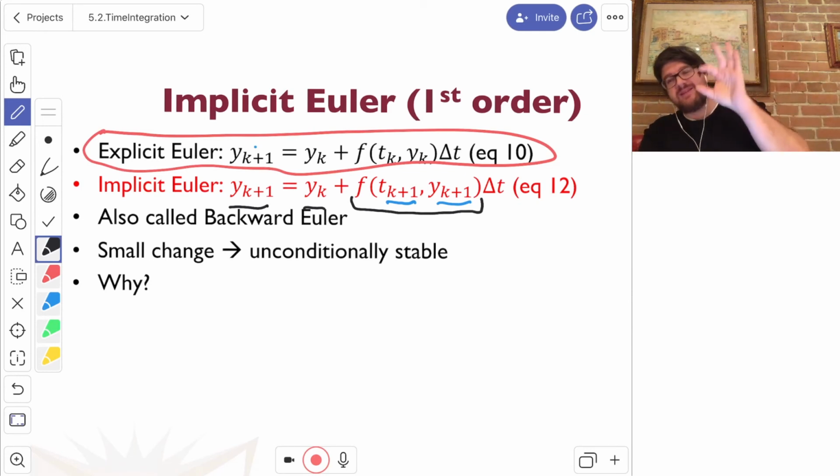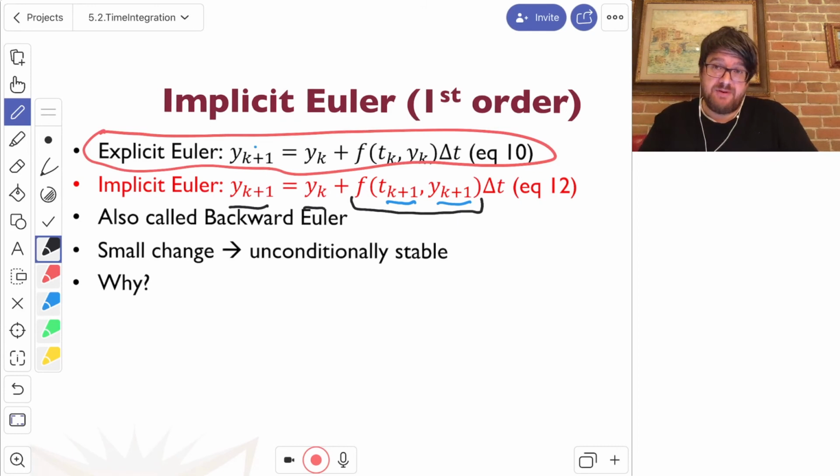We want to find a point such that whatever point it is, the derivative points back to me. So it's an implicit method because we want to find this. We're going to find implicitly this point because we don't know it, right? So we want to find this point such that implicitly the tangent points back to us.